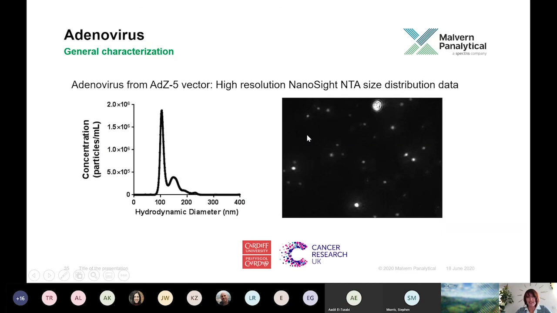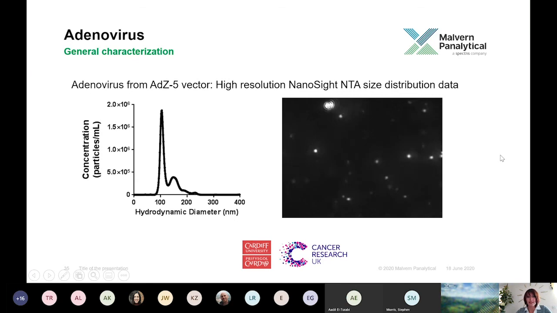So, regarding the same topic of purification, the Cardiff group has incorporated the Nanosite NS300 system in gene therapy adenovirus characterization. Firstly, the system was used to check the purity of the sample and the effectiveness of the isolation and purification process.